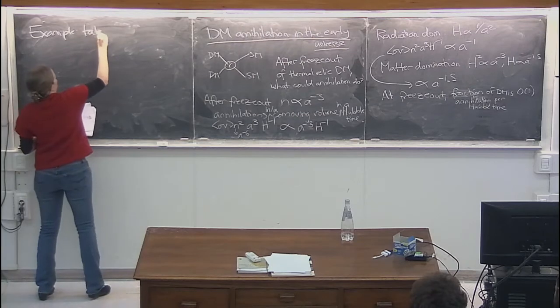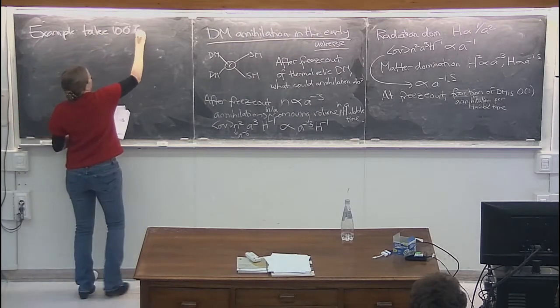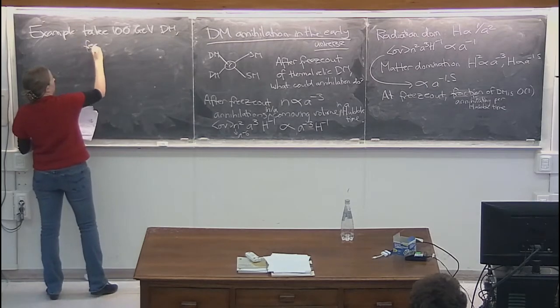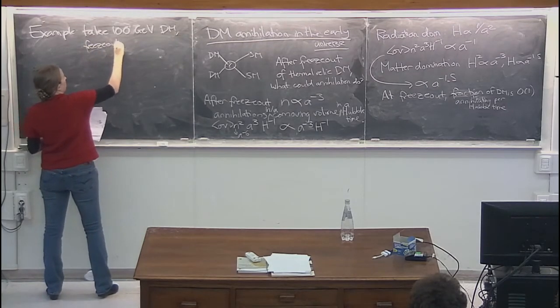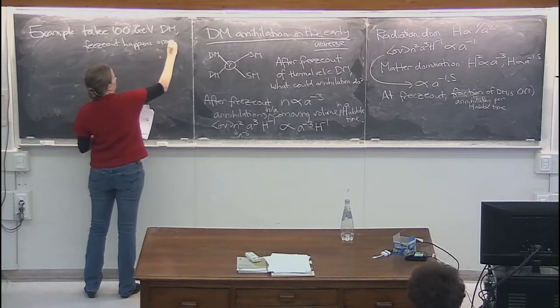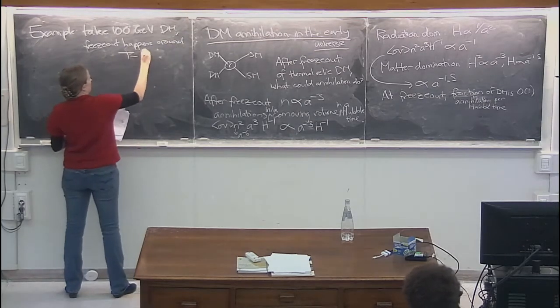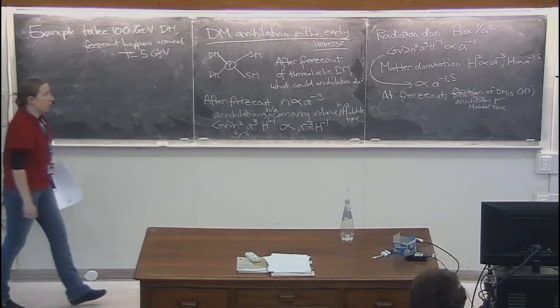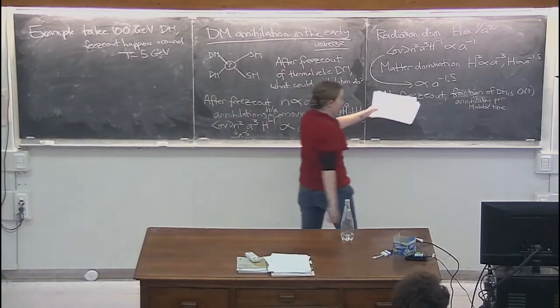So we take 100 GeV DM, and freeze out happens at a temperature for the universe around 5 GeV.